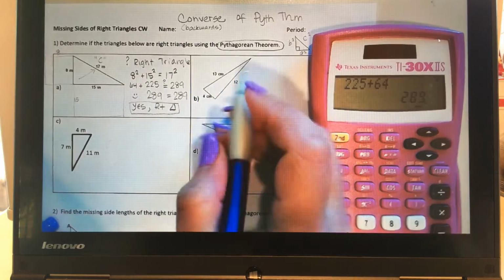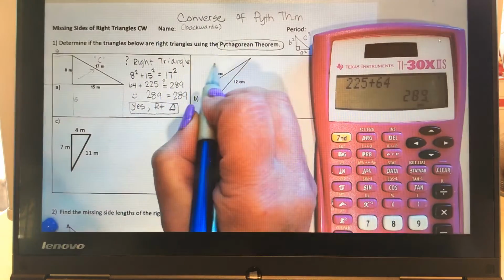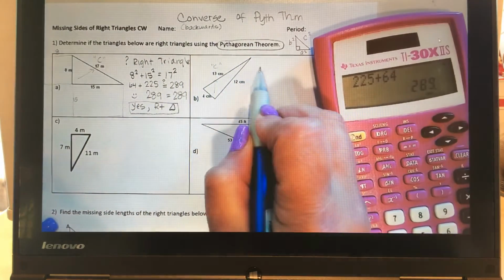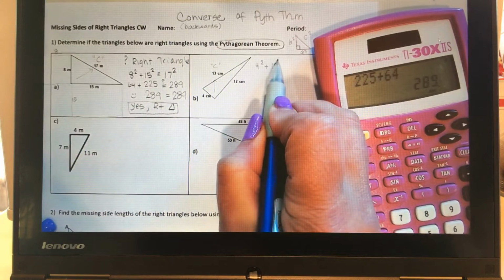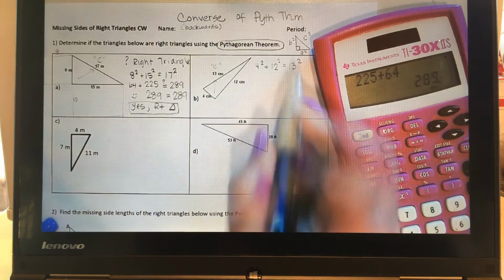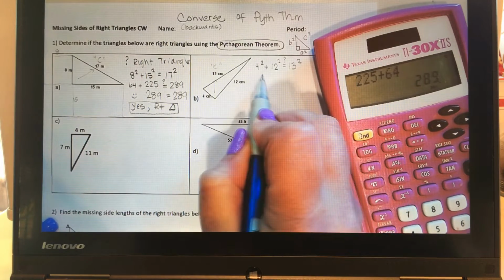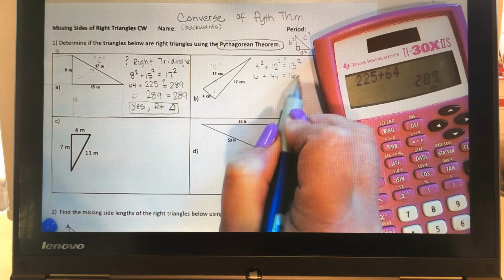So I think that's probably the right angle there. So this is going to be my side C. The smallest side squared plus the medium side squared, does that equal the largest side squared? And again, we're questioning that, so I'm going to put a question mark. 16, 144. Does that equal 169?